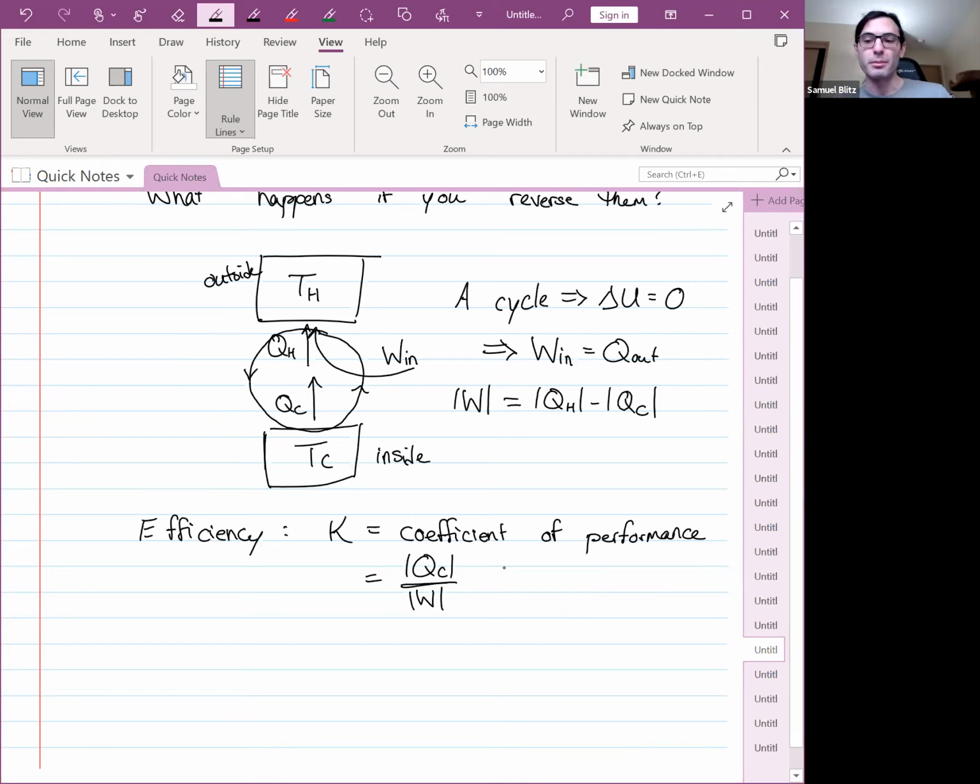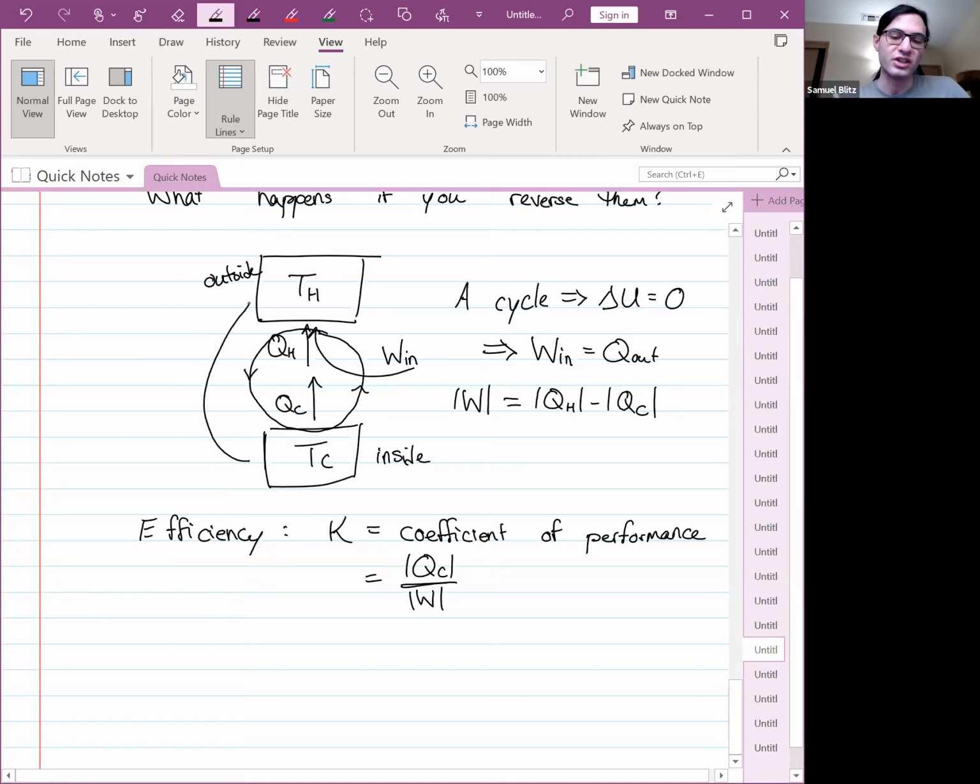So K greater than 1 makes sense because we're not stealing energy. It's not like we're getting energy for free. All K greater than 1 implies is that you're putting in less work than the heat that you're transferring. So the work that you input into the system isn't actually doing anything. All it's doing is coaxing or guiding energy from the cold environment to the hot environment.